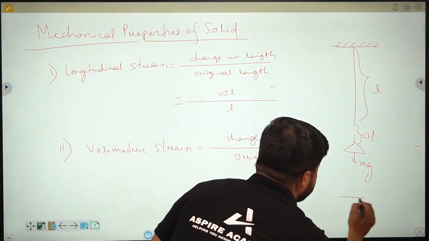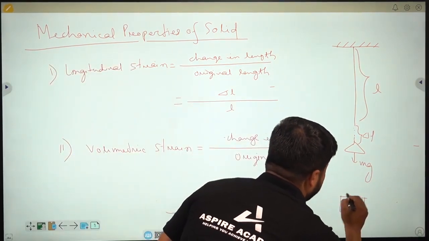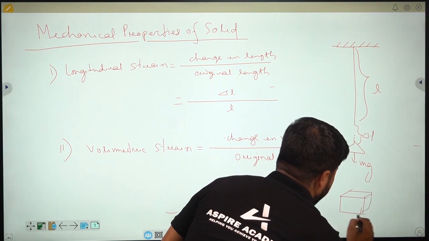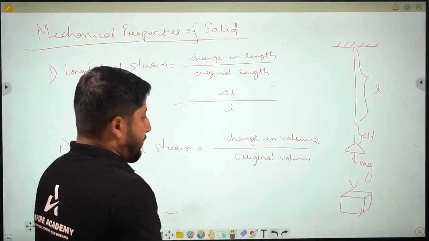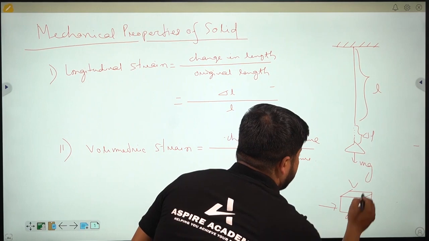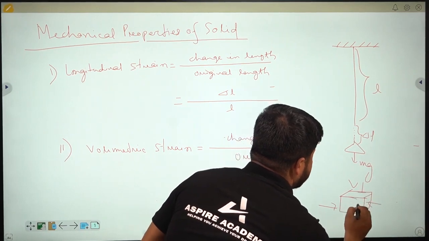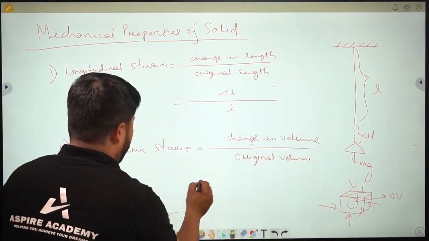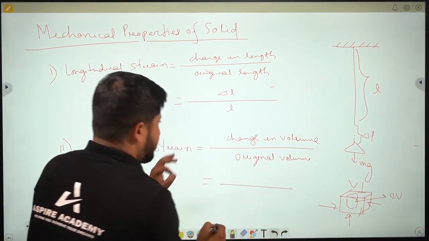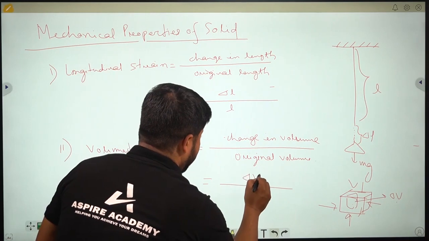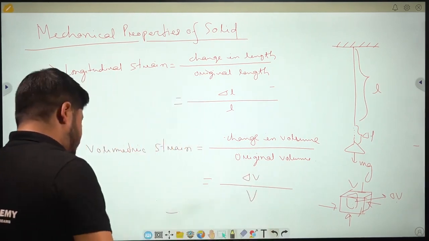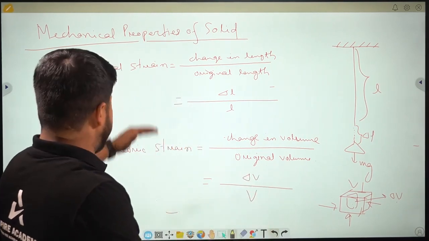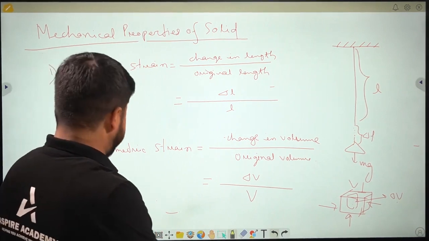How can we represent it? Suppose this is a cube with volume V. If we apply stress here, what happens? The volume changes by del V. So volumetric strain is the change in volume, del V, over the original volume V. So change in volume to the original volume is called volumetric strain.